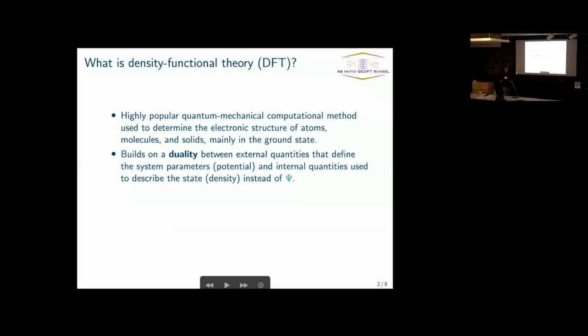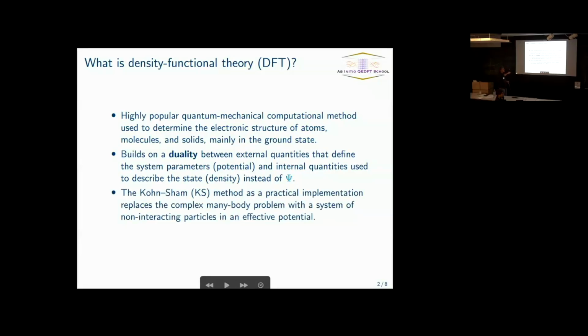In all variants of DFT, this follows always the same outline. There are always external parameters and internal densities in a generalized sense. This could be the current density, this could be the expectation value of the A operator that we've just seen in this reparametrization, or other quantities. On top of this formulation that we call DFT, the Kohn-Sham method is a practical implementation, and it replaces this complex interacting many-body system with an auxiliary system of non-interacting particles.